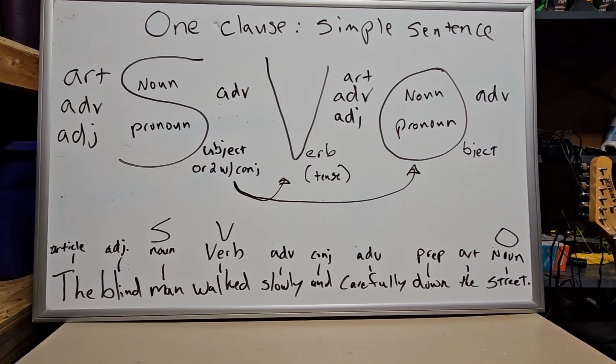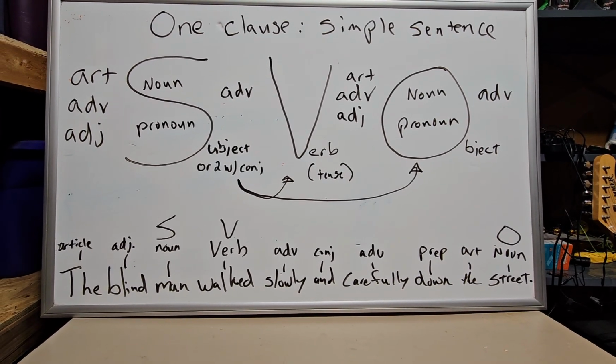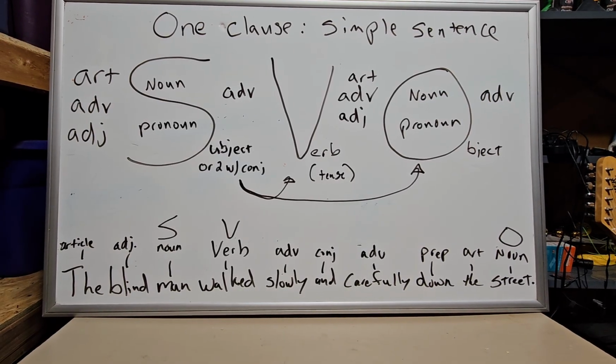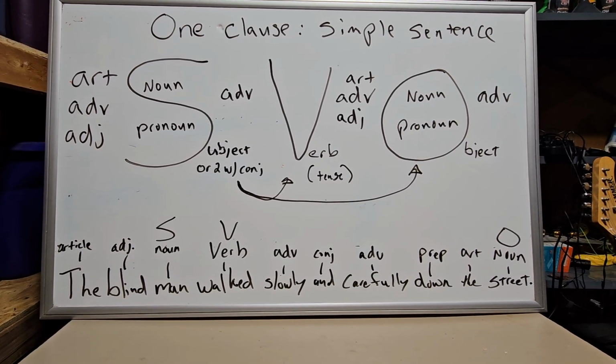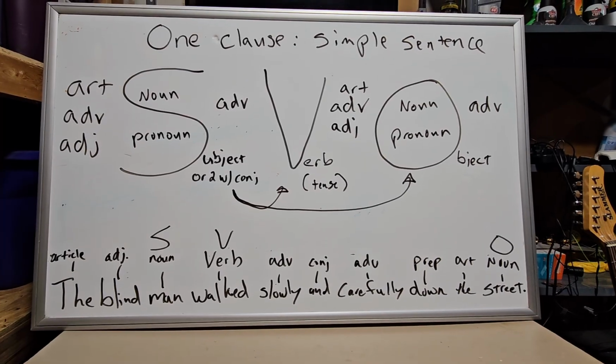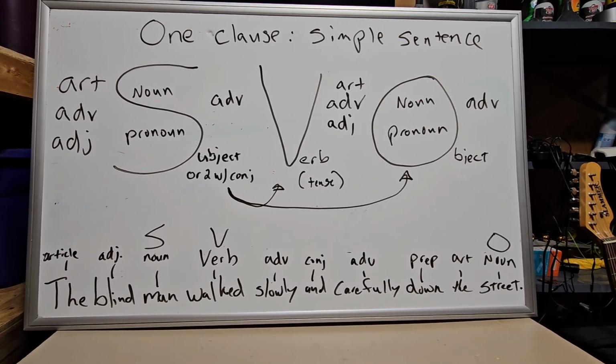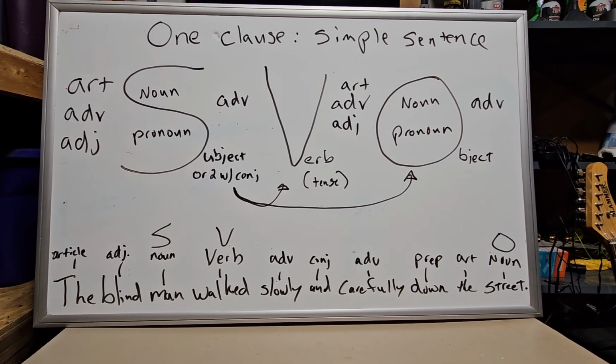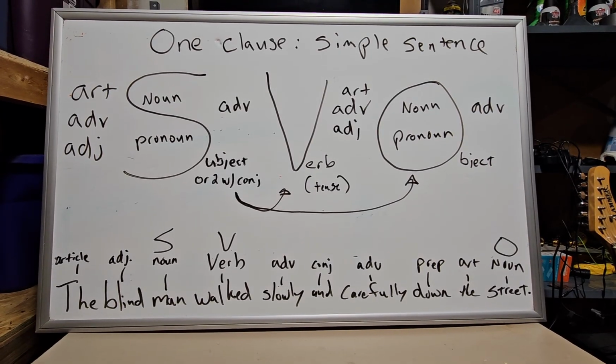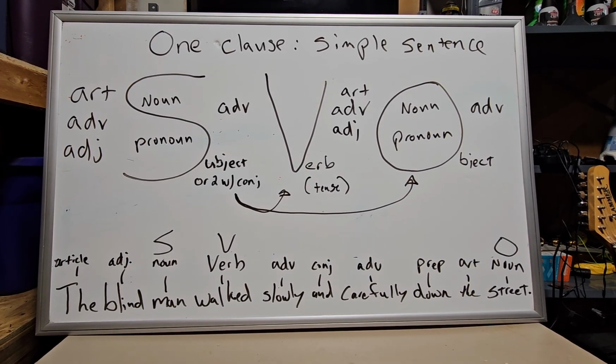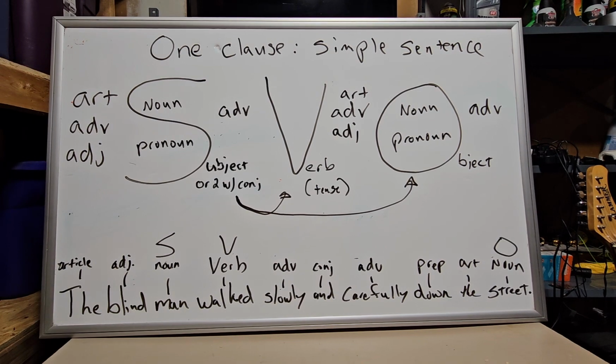Okay? We see before that noun as subject an article and adjective. And you see on the board, before the big S, there is article and adjective there before the noun or pronoun. Also, pronoun is the same as noun.